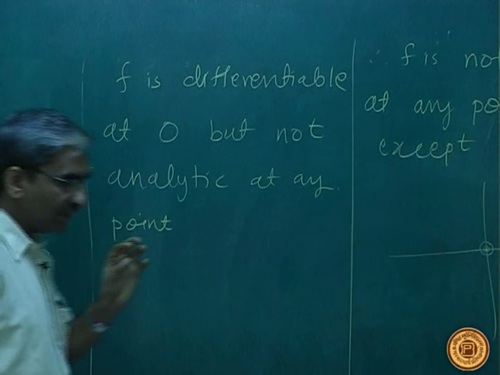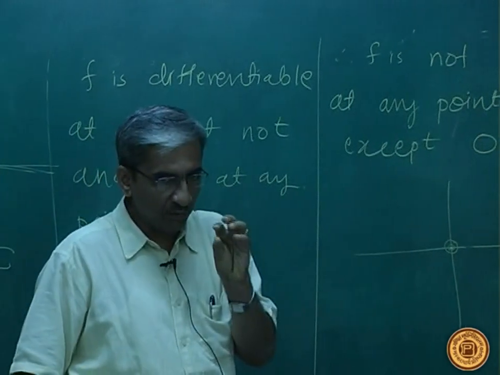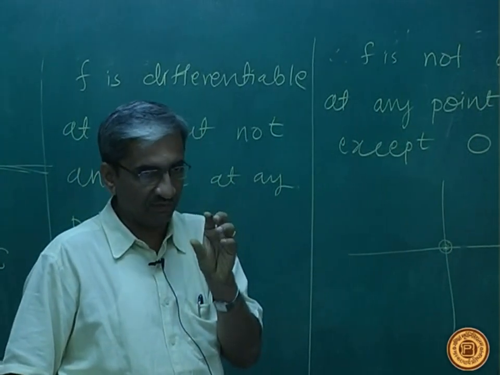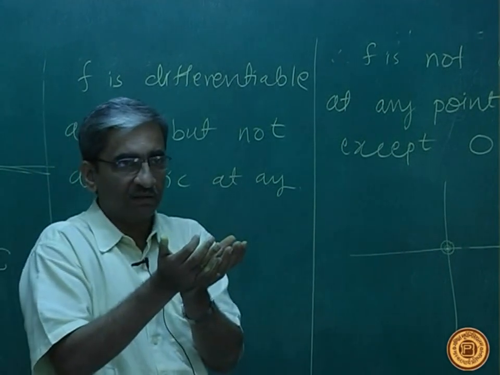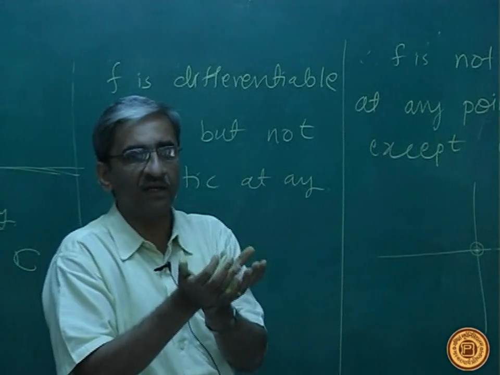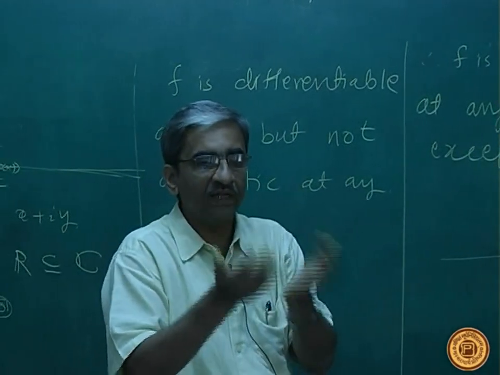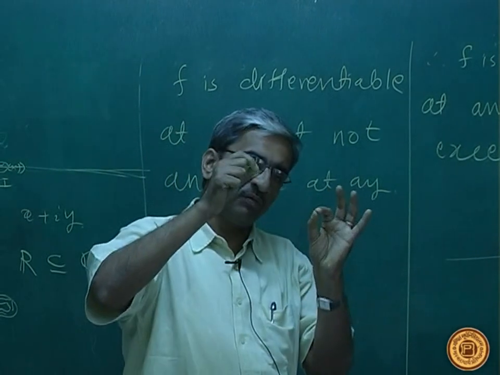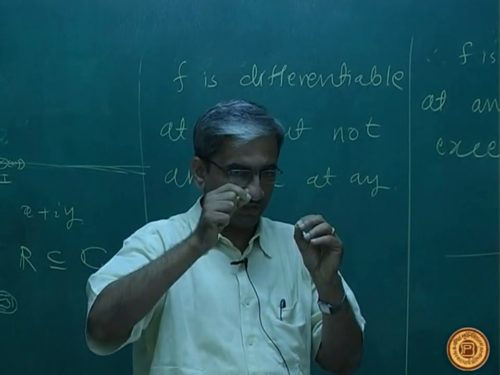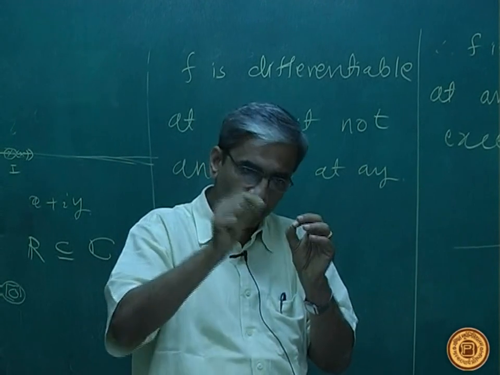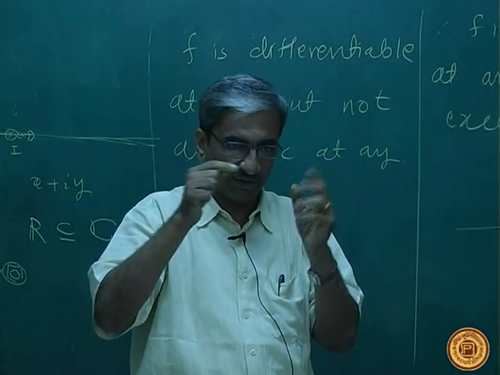Analyticity typically is differentiability in an open set. You need a neighborhood of that point, or your domain of definition is open, then you say that the function is analytic on that set, means at every point of that set the function is differentiable, and every point has a neighborhood because this set is open.